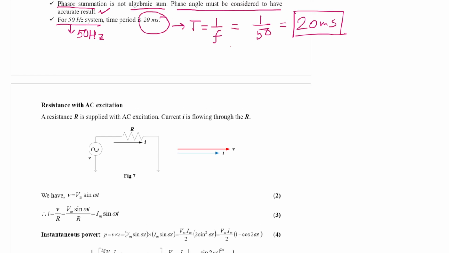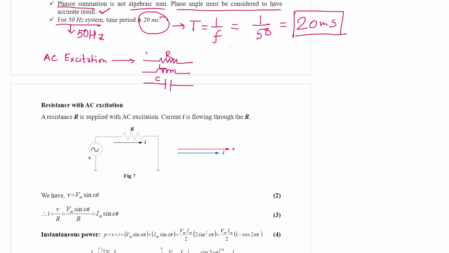So we shall discuss first with AC excitation. AC excitation which is applied on, first we shall have resistance, then we shall discuss AC excitation on inductance, then we shall discuss the AC excitation on capacitance.